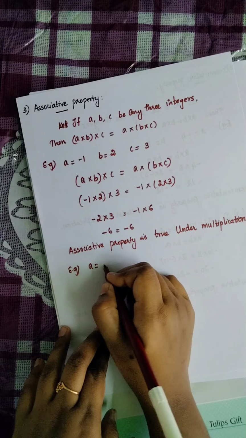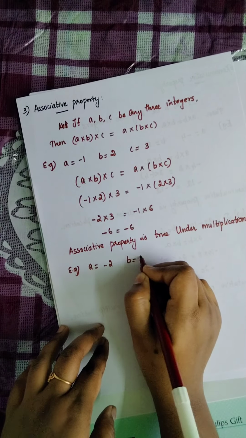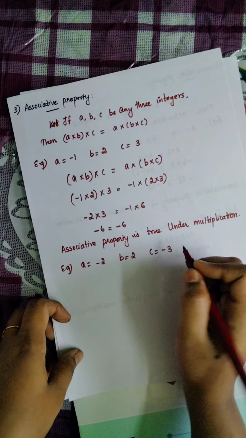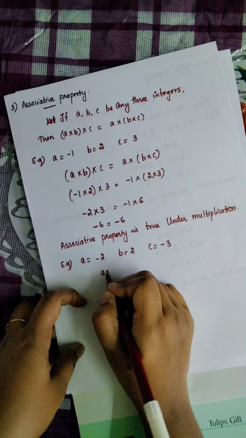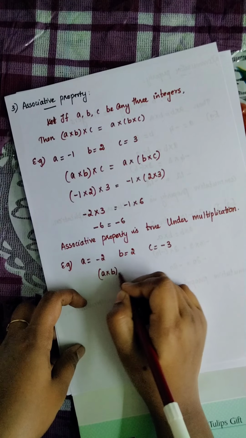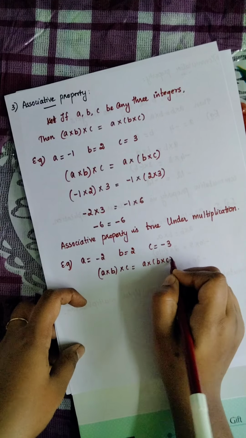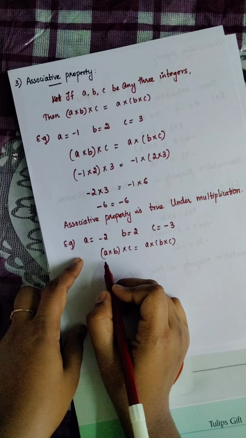A is -2, value for b is 2, value for c is -3. Substitute the values in the above equation, that is (a into b) into c is equal to a into (b into c). What is the value for a?